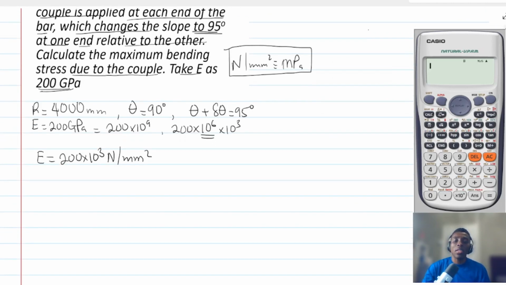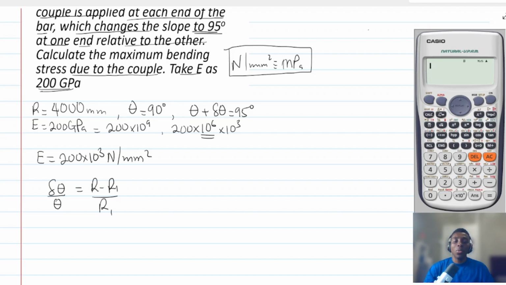So now that we have the E, let's basically use the formulas. So we have a strain, which is in the form of the angle. So this is the relationship. The change in angle divided by the original angle is equal to the change in radius divided by the new radius.